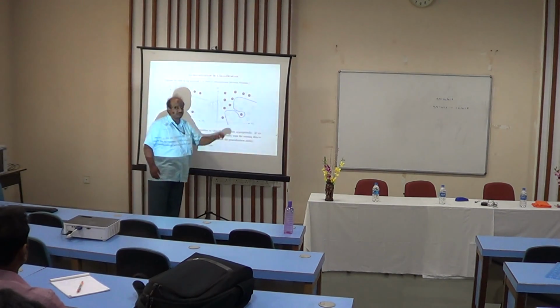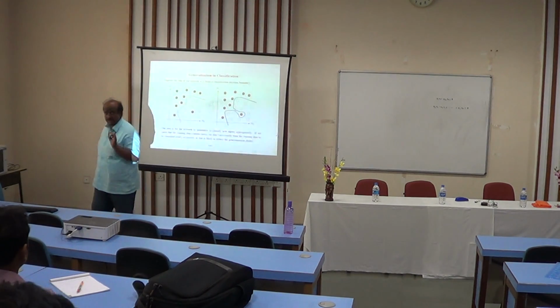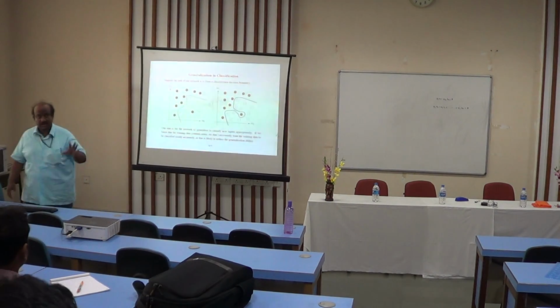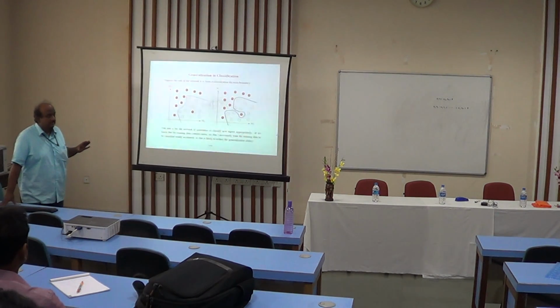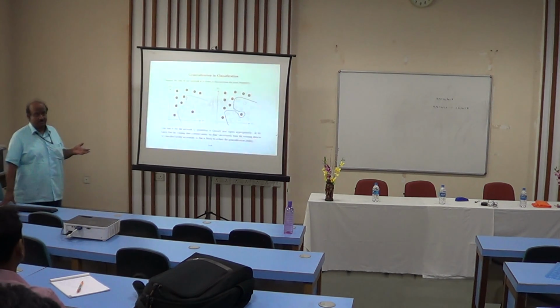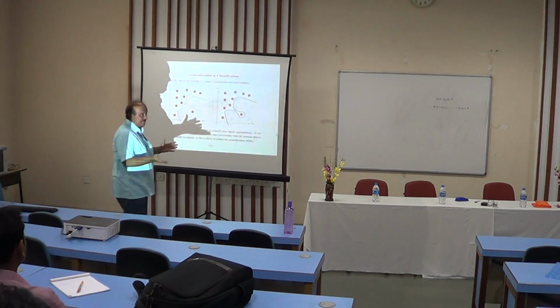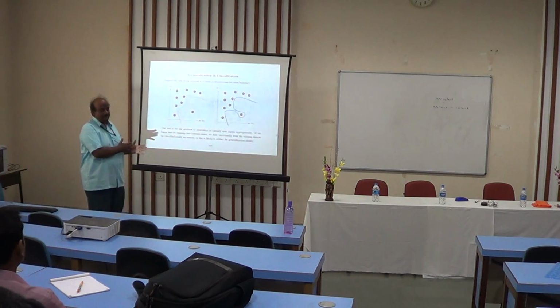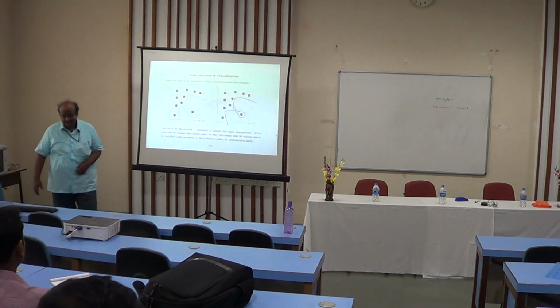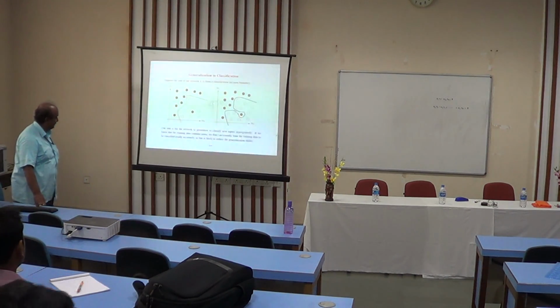Such points are called outliers. One outlier is creating havoc in your life. Outliers are always dangerous. Try to put them in the proper component, otherwise you are in trouble.